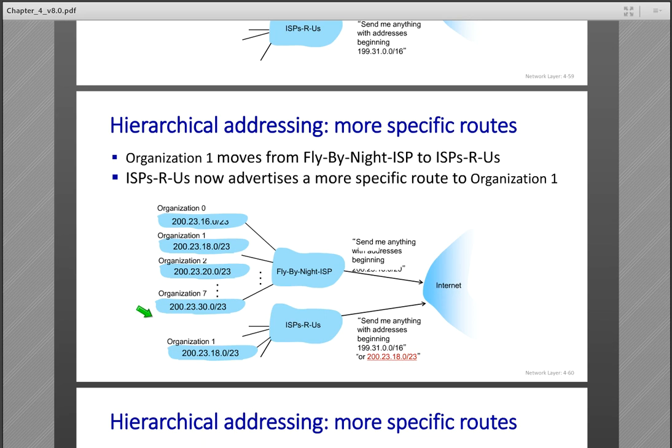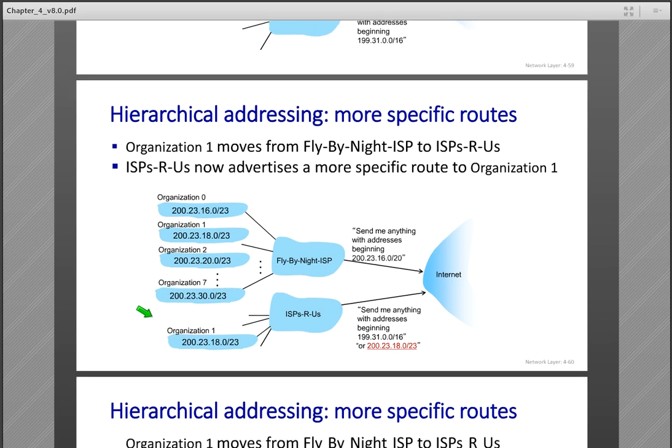Okay. So this hierarchical addressing strategy is good for us to make the route of packets clear too.